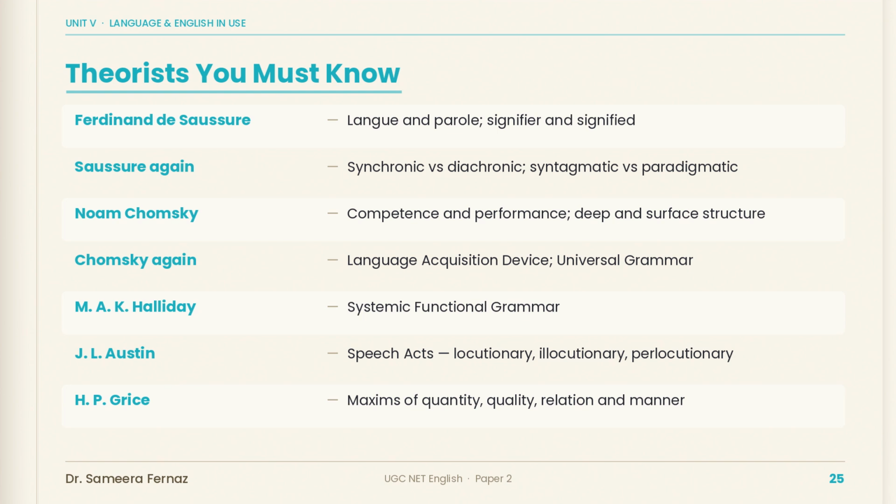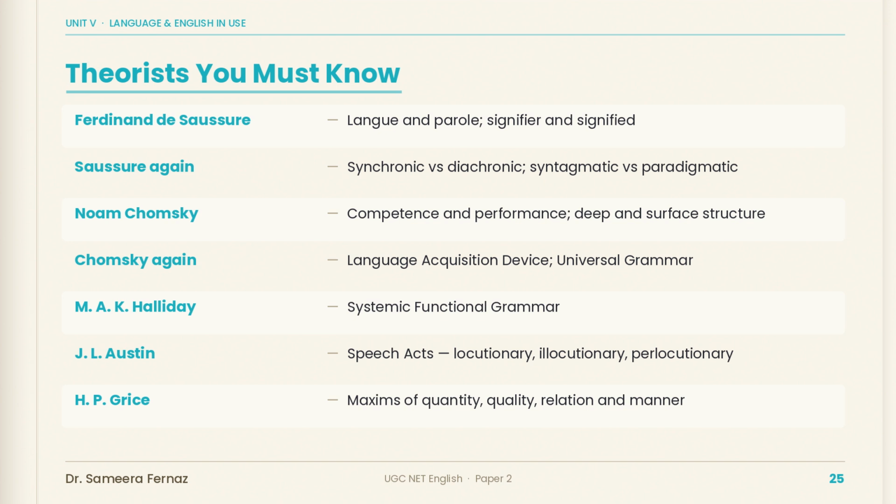Ferdinand de Saussure gave us langue and parole, signifier and signified, the synchronic and diachronic approaches, and the syntagmatic and paradigmatic axes. Noam Chomsky gave us competence and performance, deep and surface structure, the language acquisition device, and universal grammar.